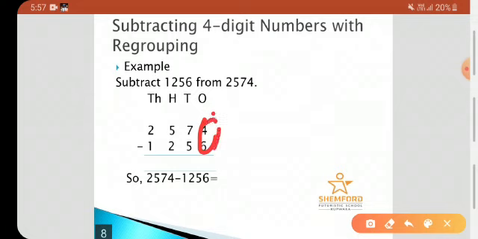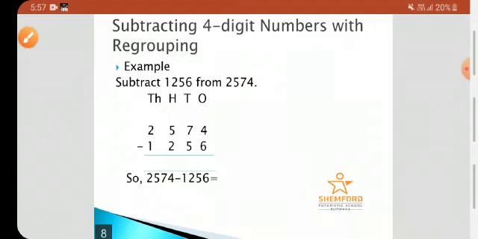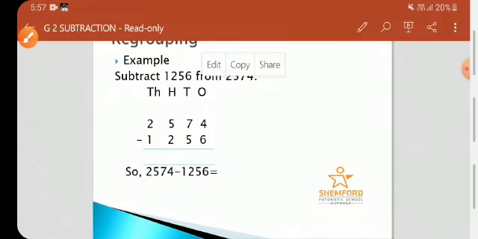We cannot subtract 6 from 4. Then what will we do? We will borrow 1 from tens.